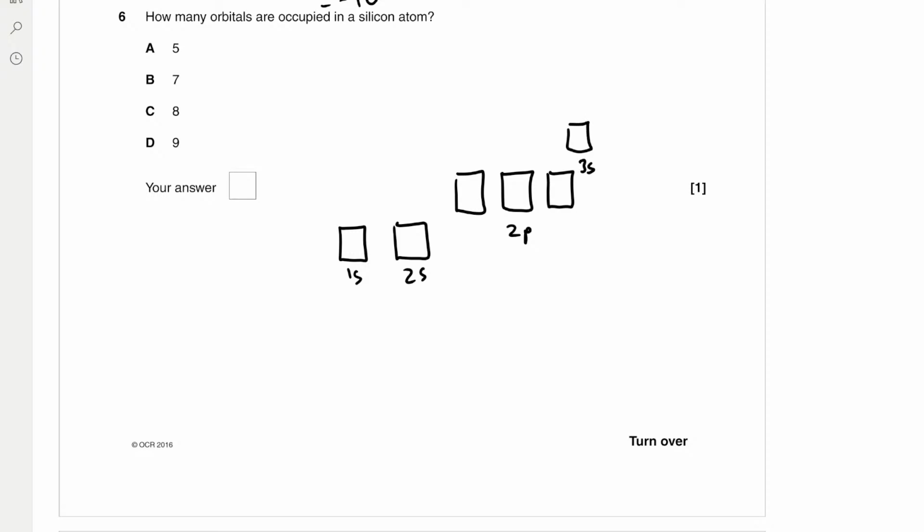I'm referring to the periodic table while doing this. And then 3p. And you can draw them like this. So remember that orbitals, the lowest energy orbitals fill first, and orbitals fill singly, then they pair.